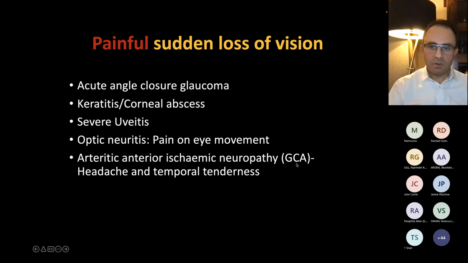So that's why this needs not to be missed. Always ask about headache, temporal tenderness, and do confrontation visual field, please, because that can be very useful in picking up the peripheral loss of vision, which a lot of elderly people will not notice unless it becomes significant.